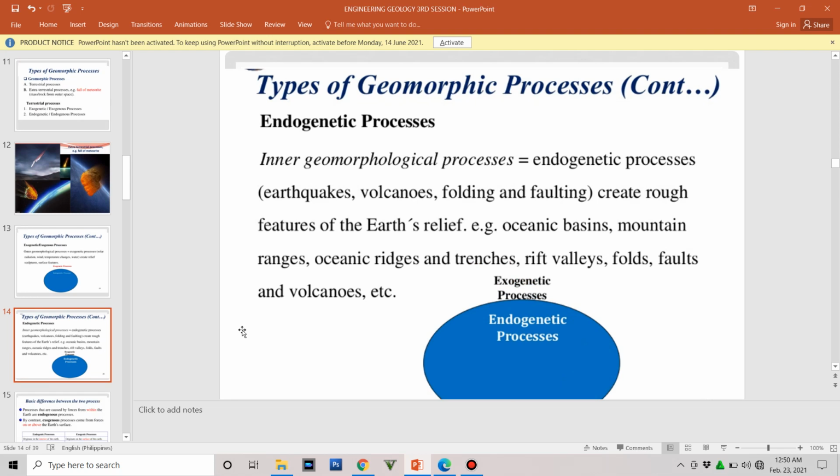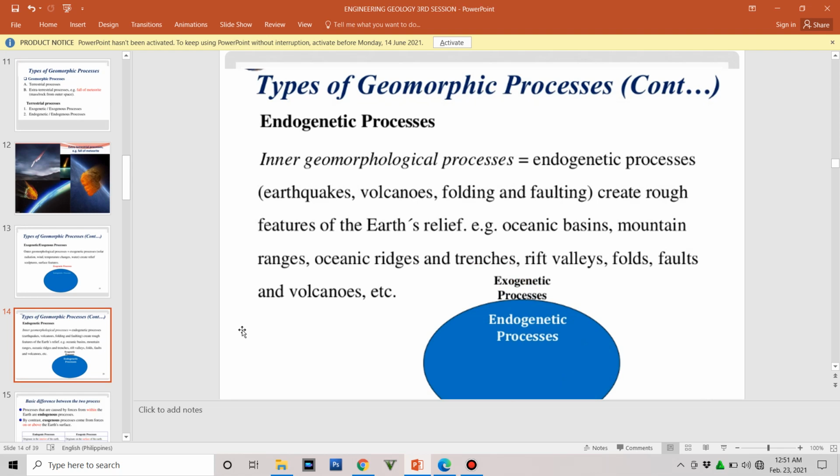Of course, we have a preliminary knowledge of these because these were discussed in the previous lectures.